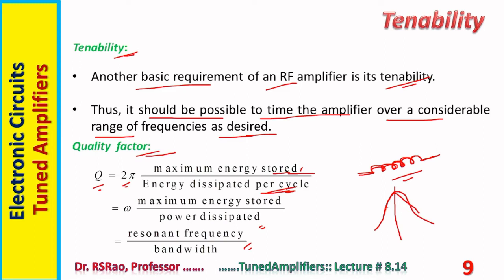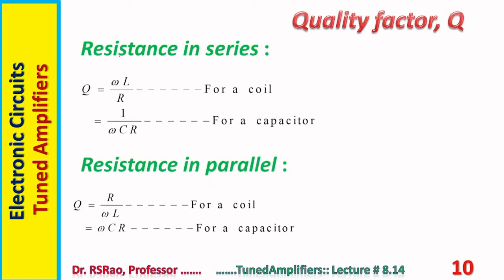You can locate 3 dB points on either side. The distance between them is bandwidth. So resonant frequency by bandwidth is equal to the quality factor. Now, while giving the definition in the explanation, we considered an inductor. With respect to that inductor coil, the definition is given some explanation.